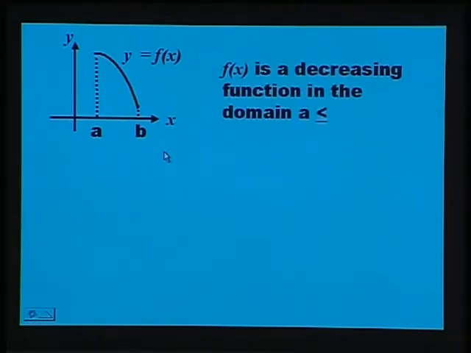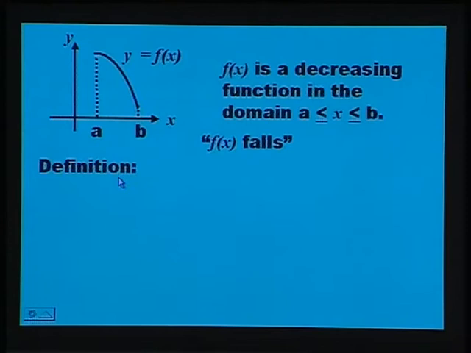So if we define y is equal to fx to be a function in the domain from a to b, then we'll see that fx is a decreasing function in the domain from a to b if it falls, fx falls.